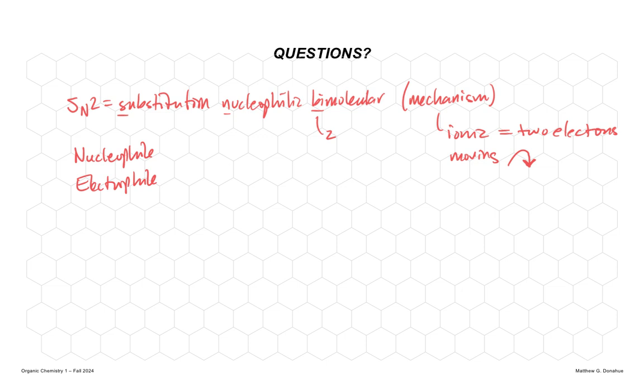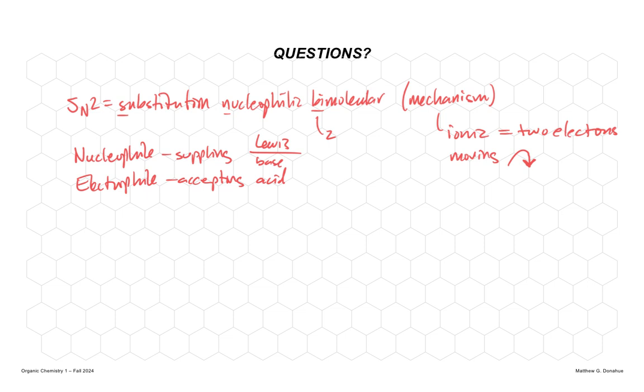Those are the terms that we're going to use for things that are supplying electrons or accepting. And in terms of the Lewis definition, the nucleophile is a base, the electrophile is an acid.